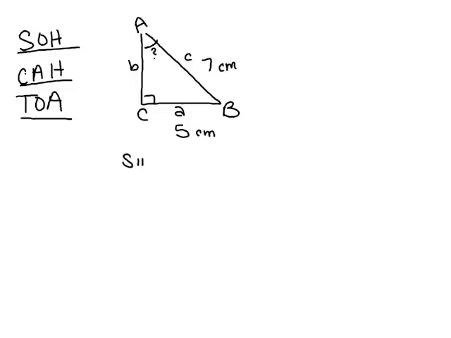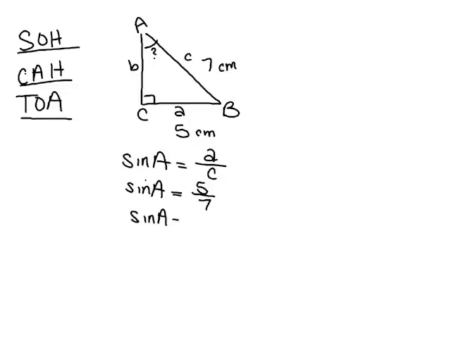So do the sine of angle A is equal to the opposite side, or the little a side, over the hypotenuse, which is the little c. So then I plug in what I know. Sine for angle A. I don't know angle A yet. My A side length is 5 centimeters, and my C side length is 7. You're going to use your calculator a lot today. So 5 divided by 7.